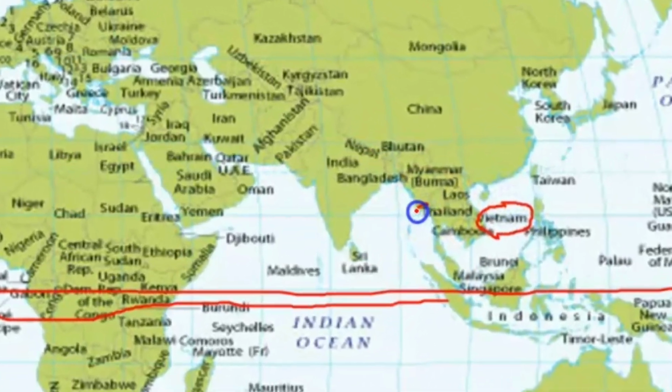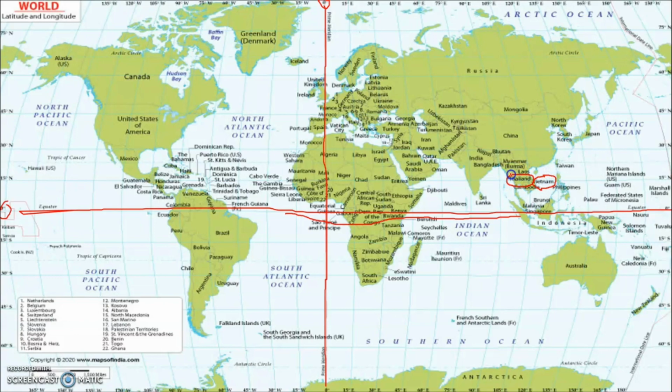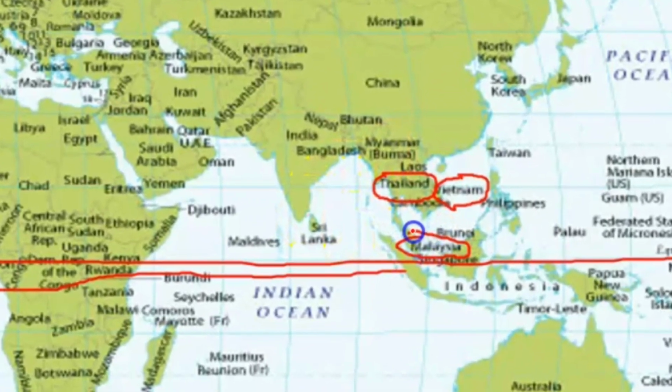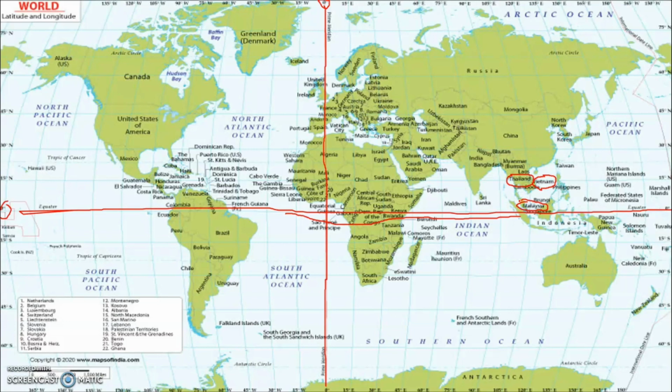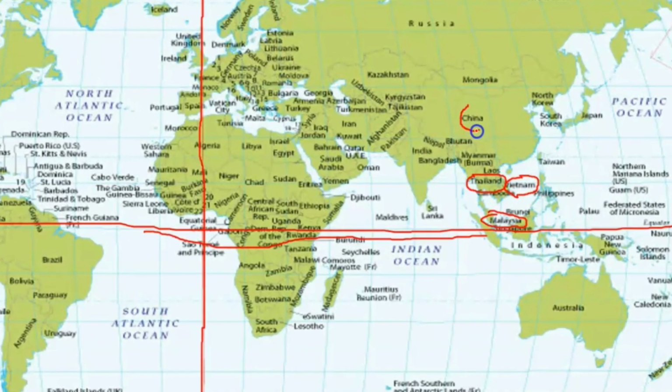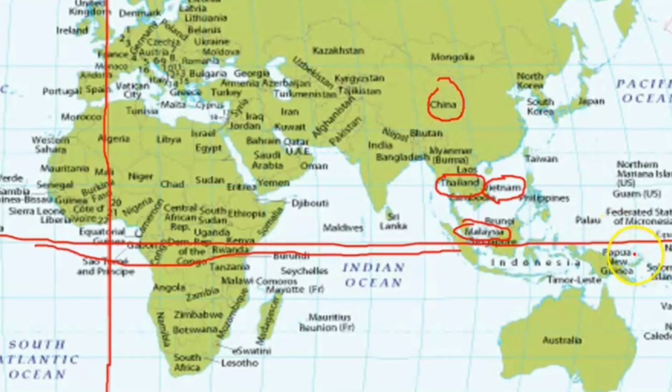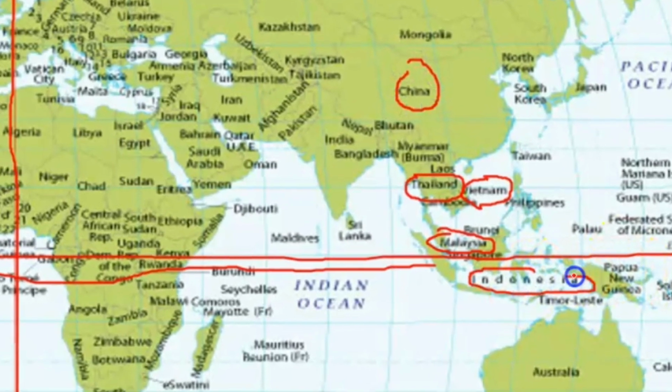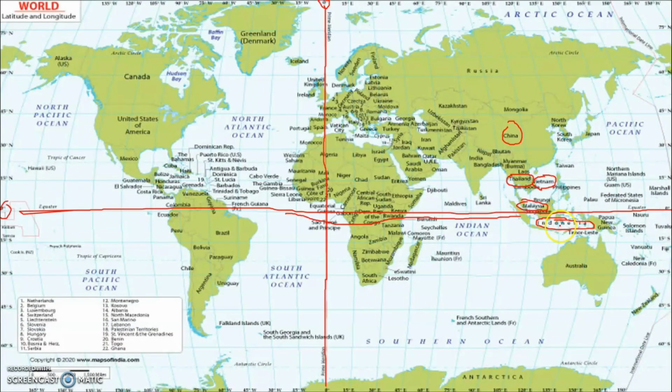Ang Thailand, andito din. Where is Malaysia? Okay, this is Malaysia. Then we have also Vietnam, Thailand, Indonesia. Ang China na ito. And Indonesia na ito. Ang nahiwalay lang is Indonesia.